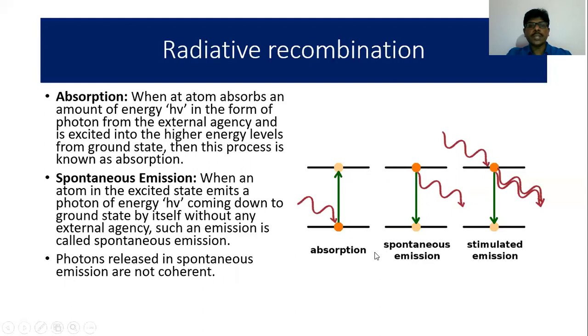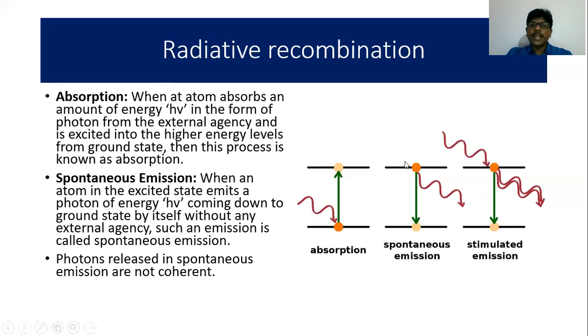What is spontaneous emission? When an atom in the excited state emits a photon of energy h nu, coming down to the ground state by itself without any external agency, such an emission is called spontaneous emission. Photons released in spontaneous emission are not coherent. Why are they not coherent?